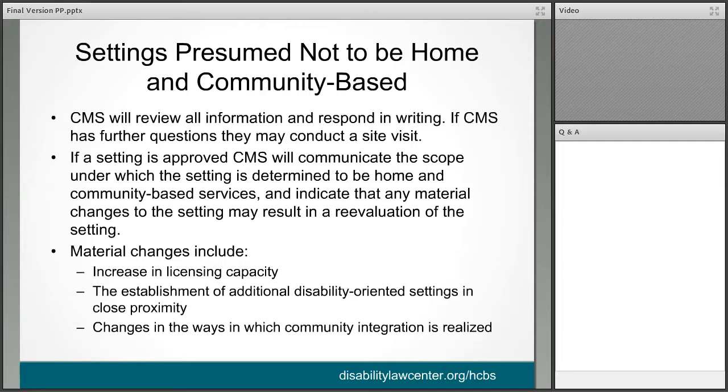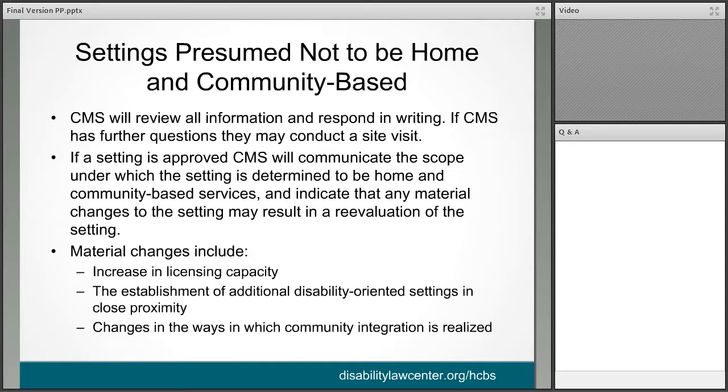This is important as well because a lot of times when we've done provider visits, we found that while maybe policies have been in place that would allow people to go out to the community or make decisions, the consumer may not be experiencing the degree of community integration that the setting might think they are. And so it's important to actually go to the consumers and see how they're experiencing the setting.